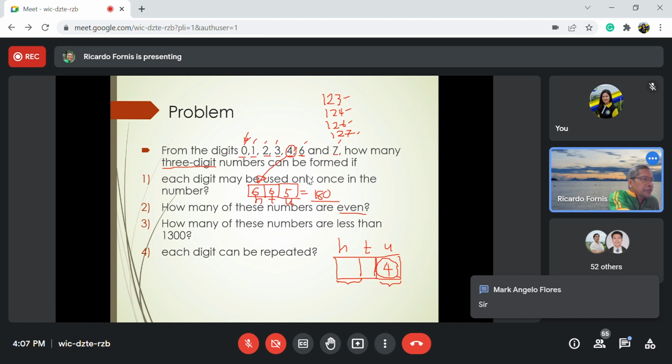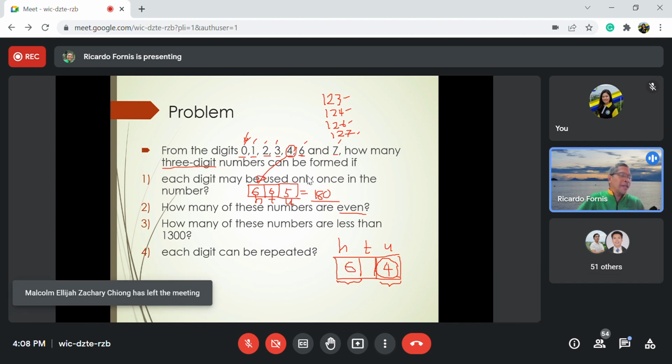Yes. So Mark Angelo, how many ways can we assign a digit as the hundreds digit? Mary Villacampa saw it, and Angelo said 6.